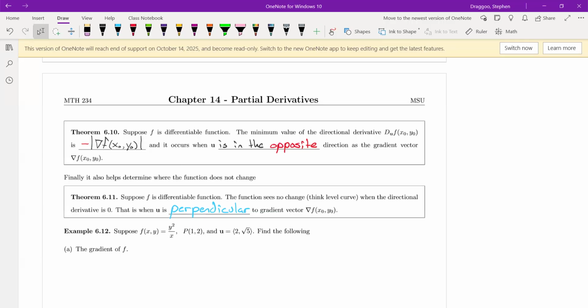For some other bits, suppose f is a differentiable function and it sees no change, so the directional derivative is 0.